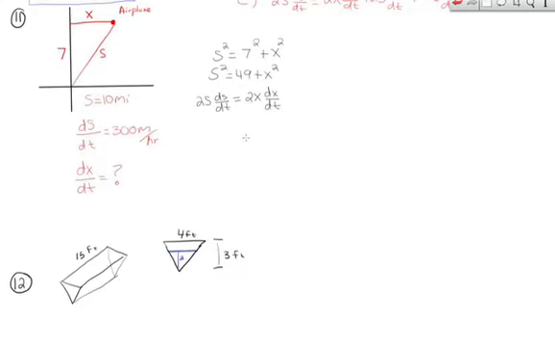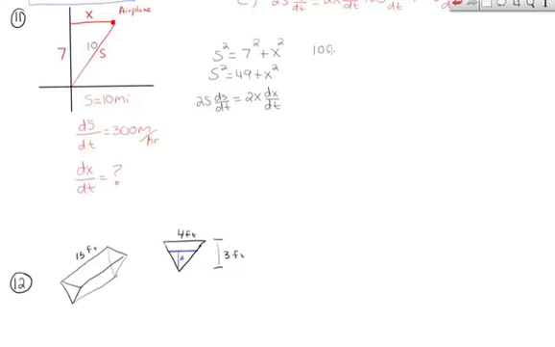So let's look at what I need to solve. I'm looking for dx dt, so I need everything else. I know s is 10, I know ds dt is 300. I don't know x, but please remember we have the Pythagorean theorem to relate these three sides. So if I know this is 7 and this is 10, then I should be able to find x.